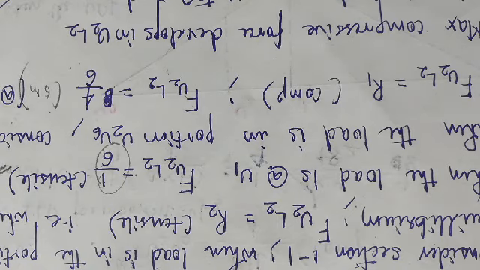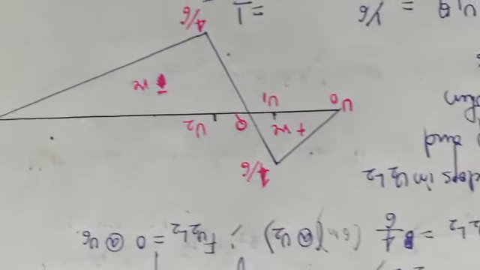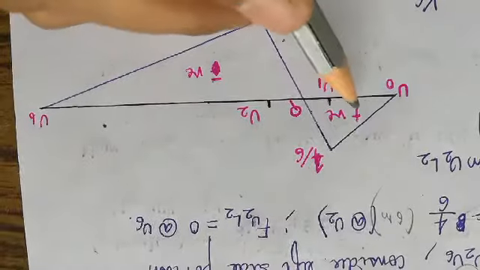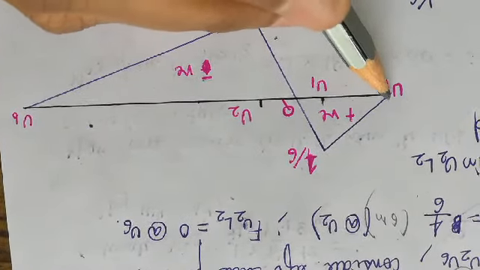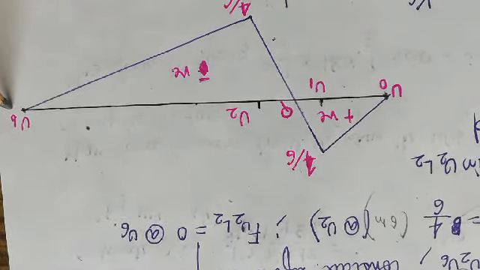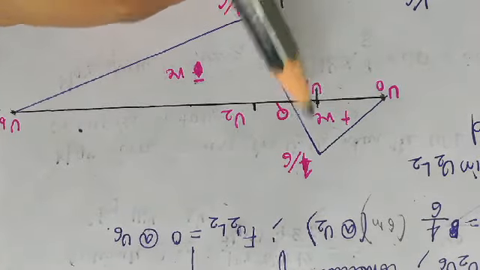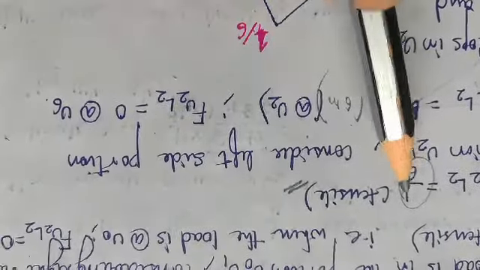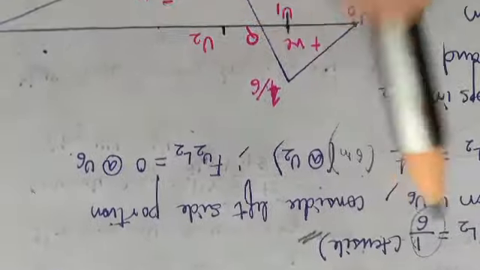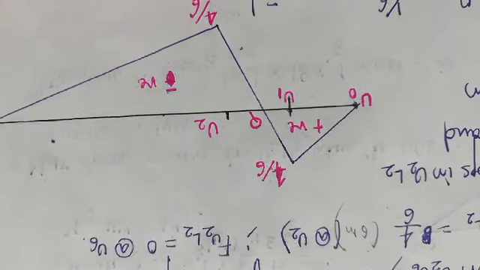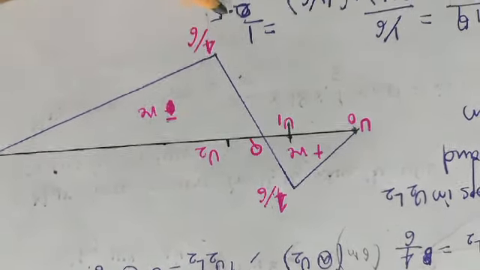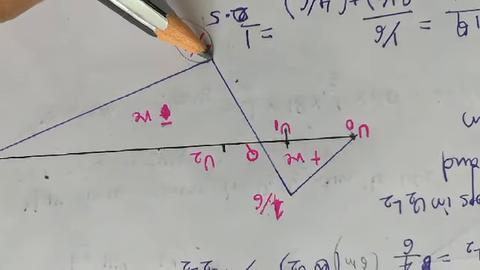Now we have to draw the influence line diagram for the tensile and compressive values. We know when the load was at U0 it is 0, when it is at U6 it is 0, when it is at U1 it is 1 divided by 6, and when the load was at U2 the force is 4 divided by 6.